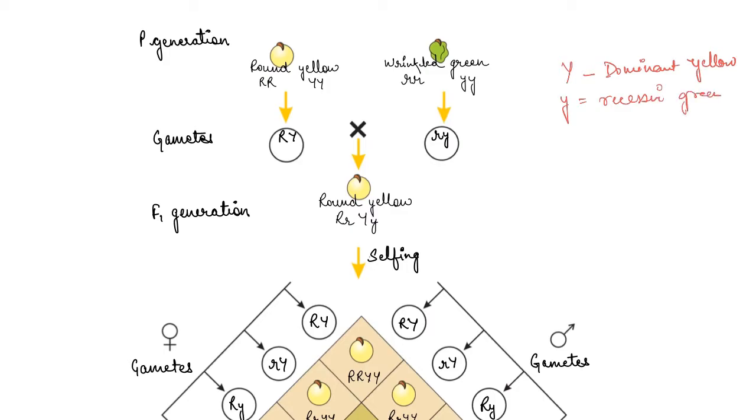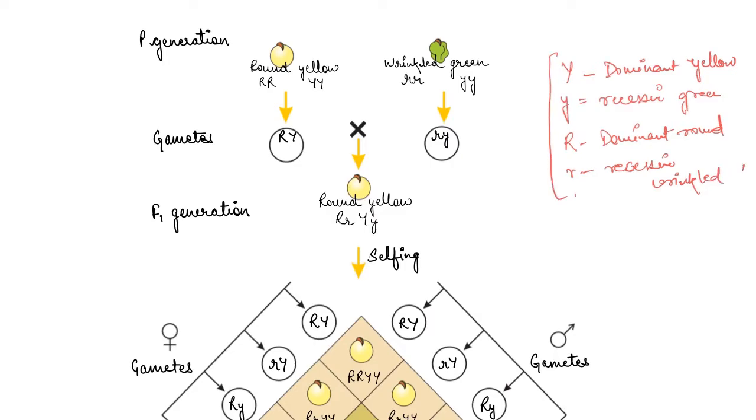In the same way, we are using capital R for dominant round and small r for recessive wrinkled. Okay, so these are the genotypes.